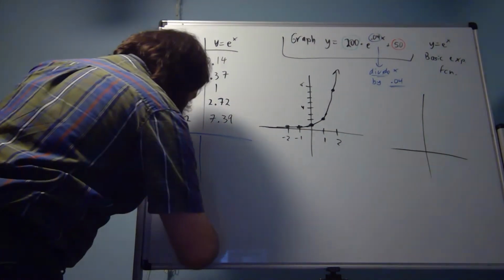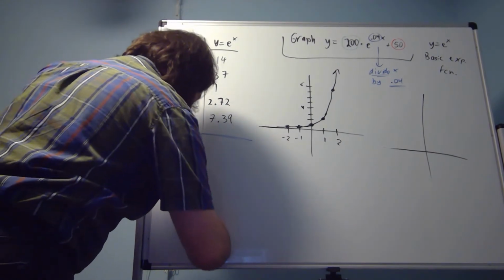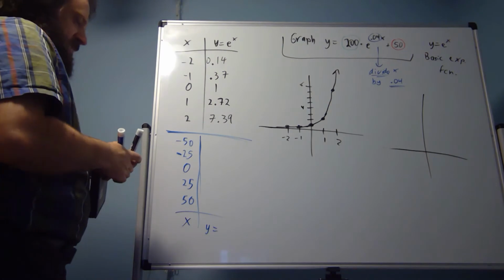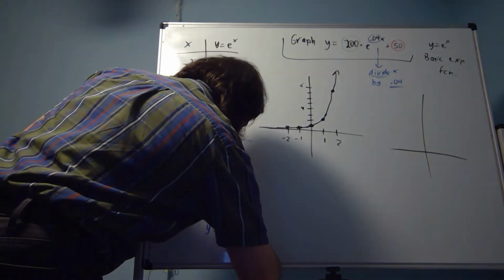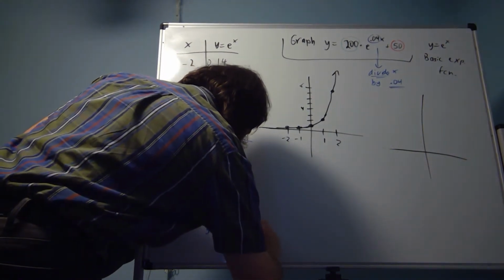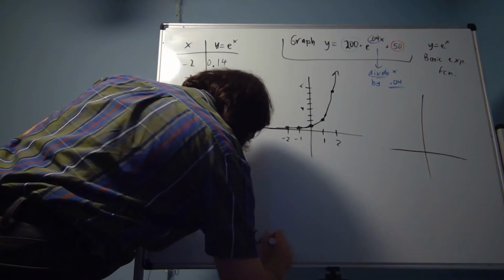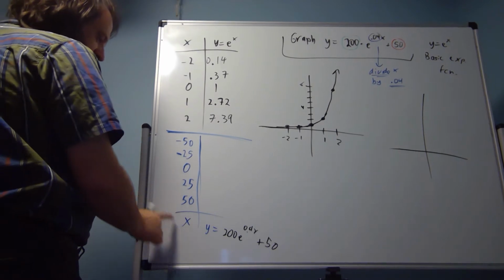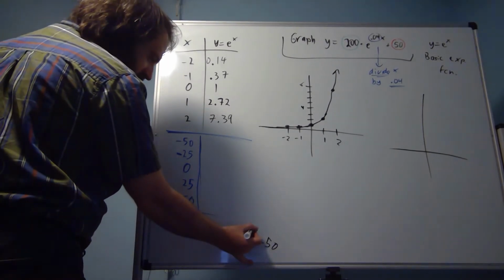We need big x's plugged into this before we end up taking e to the old powers. So now for the new function, x is this, and then y is 200 e to the 0.04x plus 50. So we take the old y's, which now correspond to these new x's.